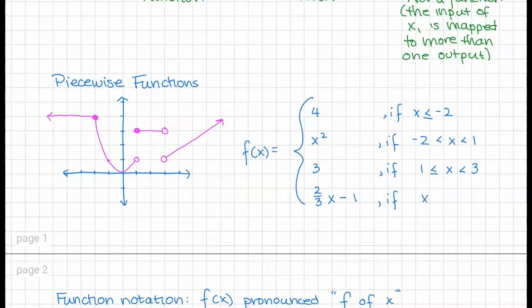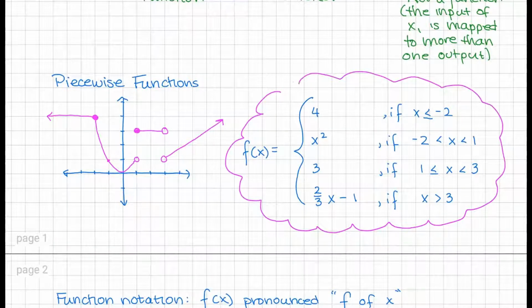So we say x is greater than 3, and it's not a solid circle, so we won't include it. And then this whole thing is the equation for one piecewise function. So it's kind of weird. It looks like, wait, there's 4 different things there. No, there's 4 pieces for one function. And that's writing the equation of a piecewise function.